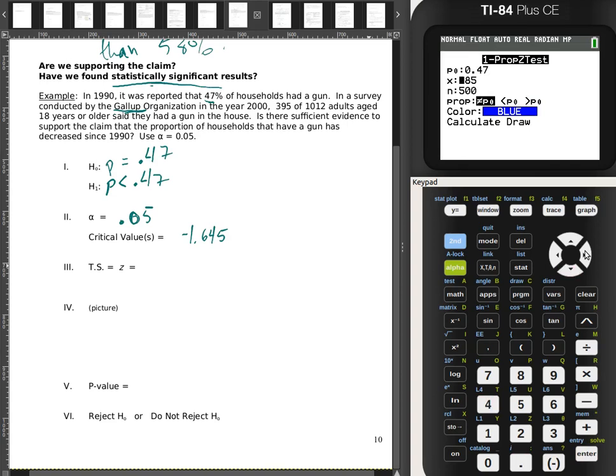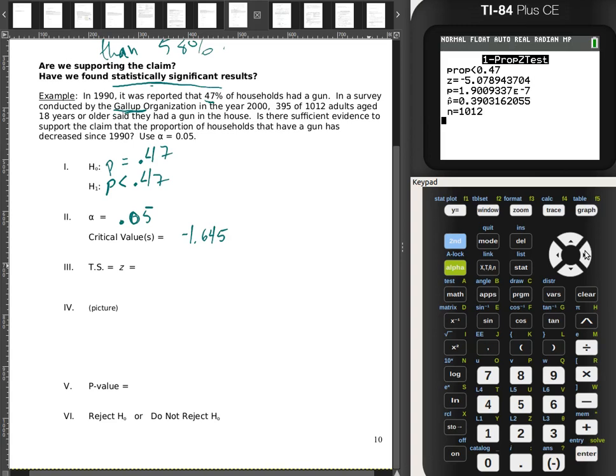In our survey, we had 395 people who had a gun in the house out of the 1,012 who were surveyed. And we are testing whether the new proportion is less than 47% now. So we're testing whether it's less than the null hypothesis, because we want to see if it has decreased.